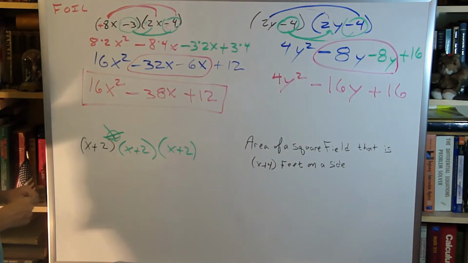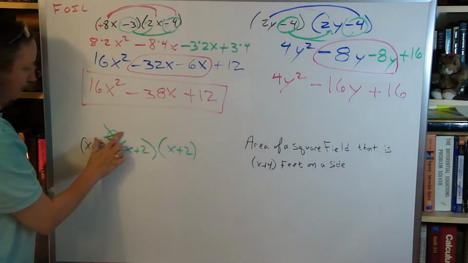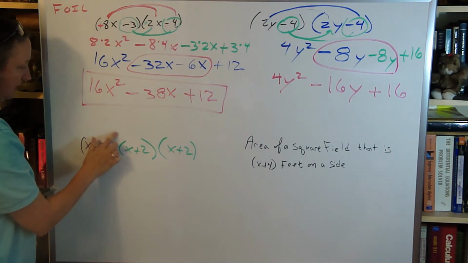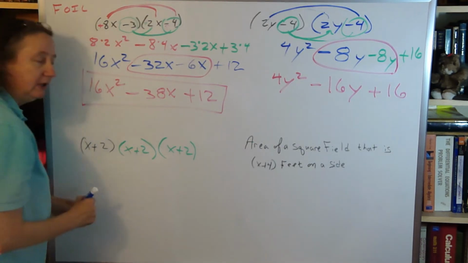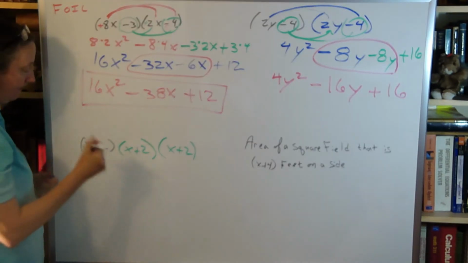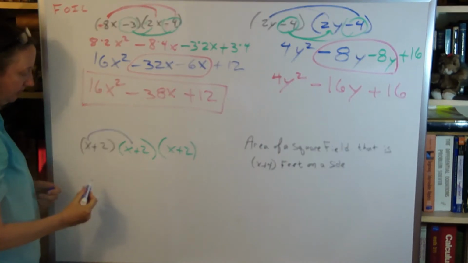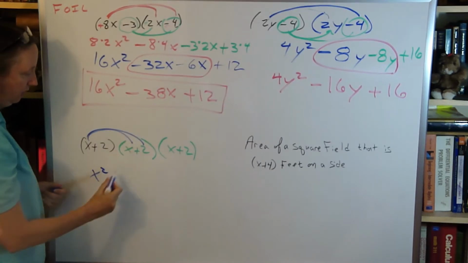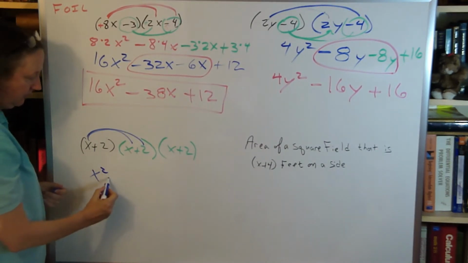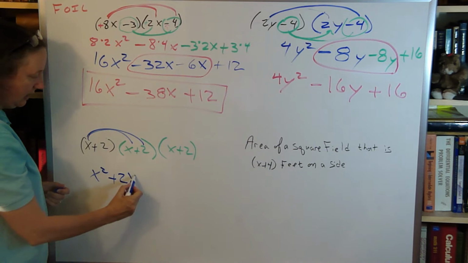No longer matters. Next thing I'm going to do is start distributing just like I did up here. X times x, x squared. X times 2. They're both positive, so plus 2x.